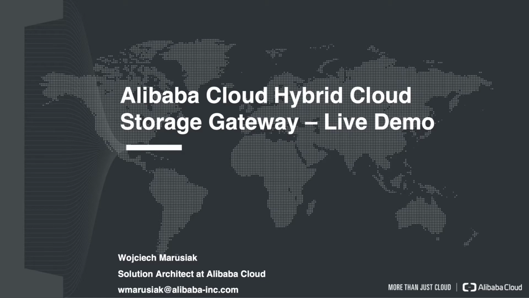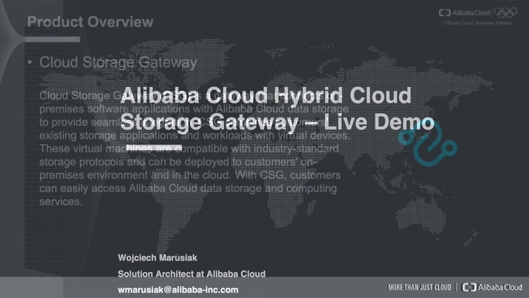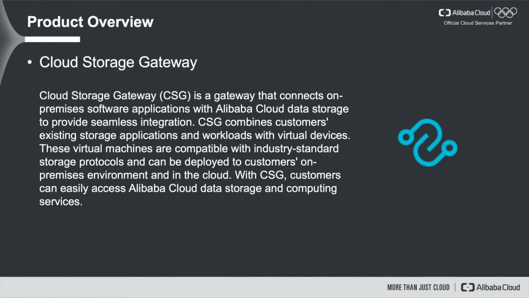In today's demo, I will show you the Hybrid Cloud Storage Gateway, a product from Alibaba Cloud, live demo, how to set it up, and how to use it. Cloud Storage Gateway connects on-premises software applications with Alibaba Cloud data storage and provides seamless integration.